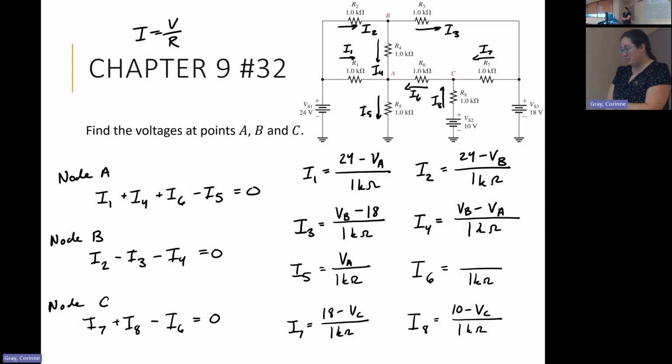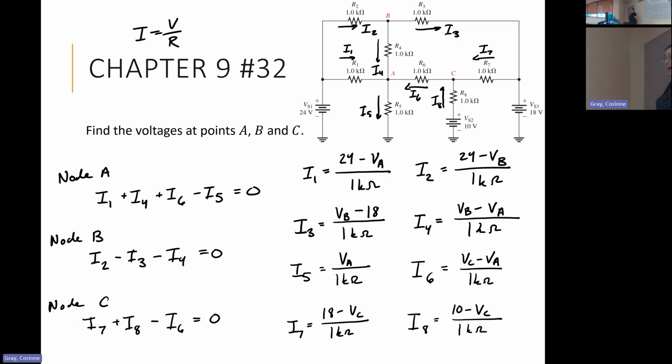Which means that I6 should be V what minus V what? VC minus VA. Right. Questions about the current equations or where we are so far? So that's pretty much just total voltage over total current or resistance on that wire. On that particular resistor, what does it happen to be?